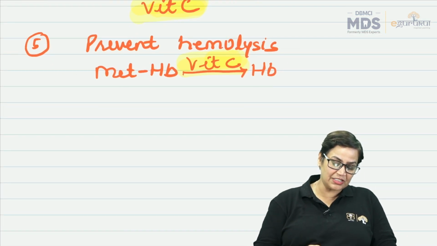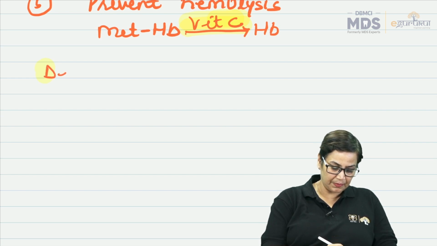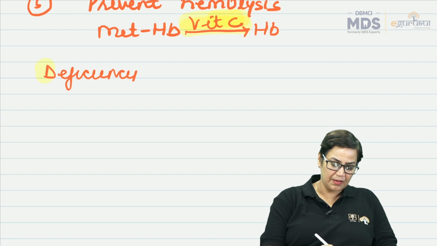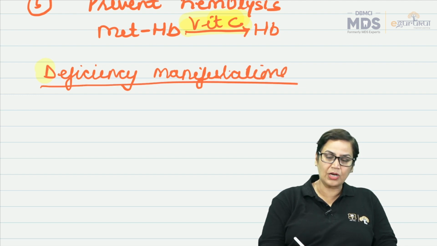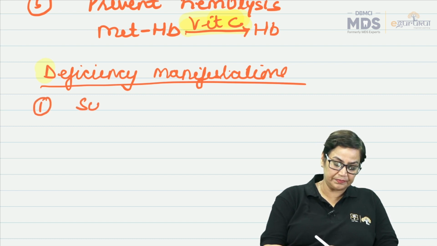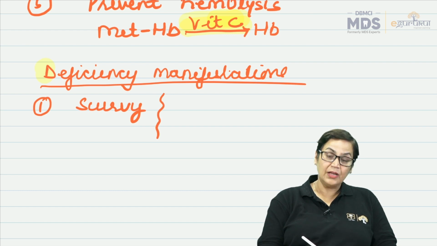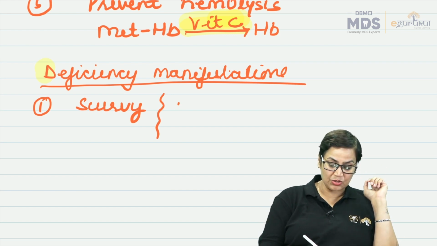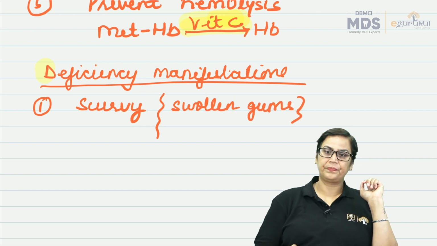Now after the functions, we come over to what? The deficiency manifestations. Now see, first of all, if we talk about collagen synthesis, it leads to scurvy. What happens in scurvy is there are swollen gums, right?